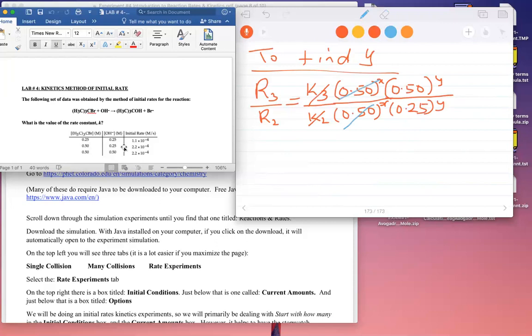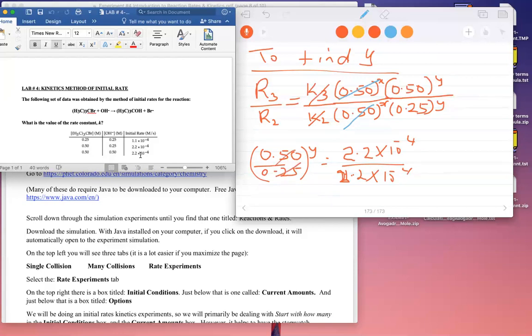What will remain is 0.50 over 0.25 raised to Y equals rate 3, which is 2.2 times 10 raised to negative 4, over the rate 2, which is 2.2 times 10 raised to negative 4. It's the same thing.